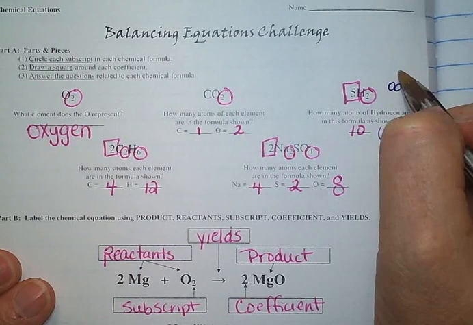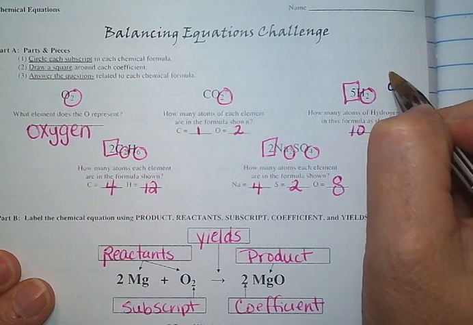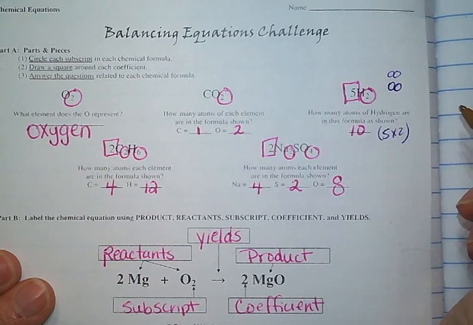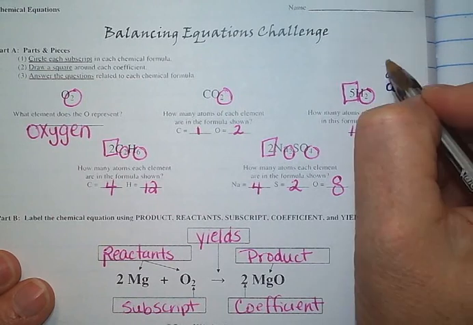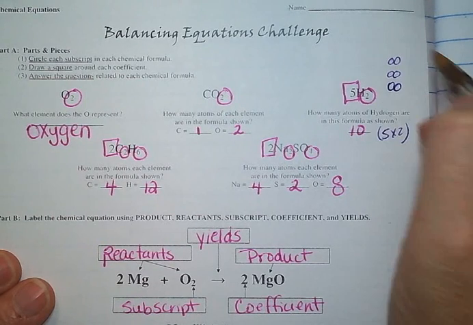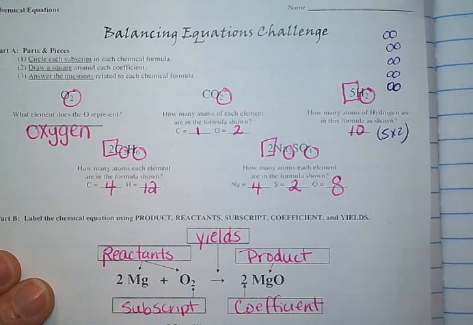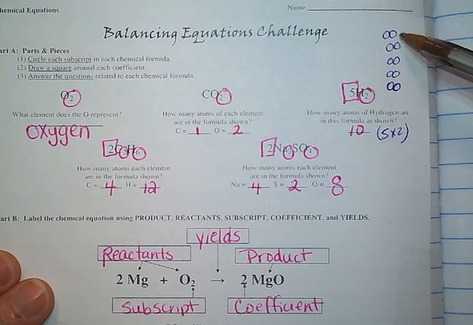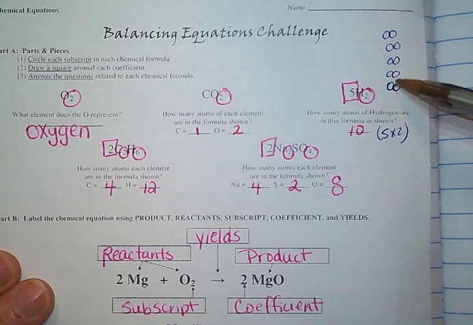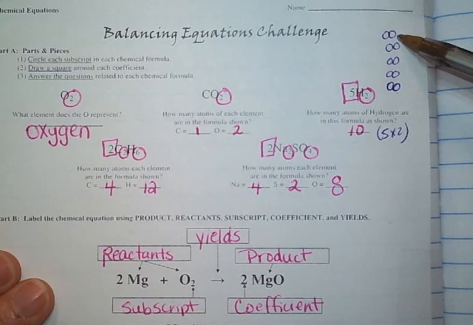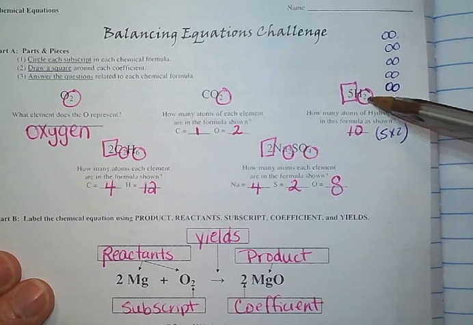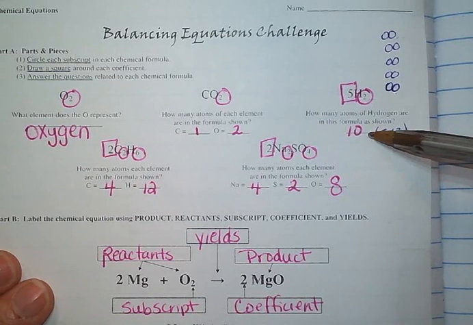So every time you added 1, that would be 2 H2 molecules, and 3 H2 molecules, and 4 H2 molecules, and 5 H2 molecules. So if I have 5 H2 molecules, each circle is an atom. So 1, 2, 3, 4, 5, 6, 7, 8, 9, 10 is how we can do our coefficient times our subscript to get how many atoms that we have.